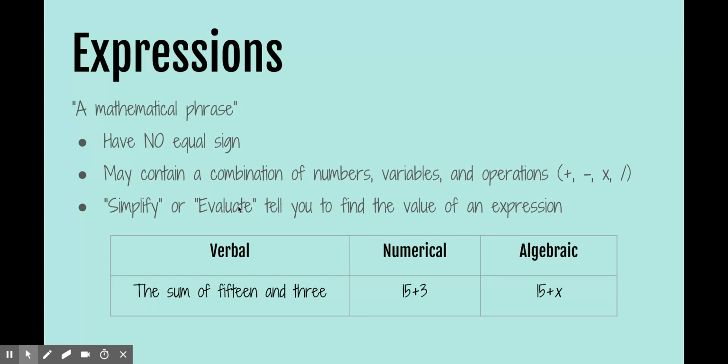So sometimes, your expression simplification looks like x plus 2, and that's all you can do, but you've simplified it as much as you can. So we've talked about that, but that's something very new to you guys. So just know expressions, you just do as much as you can to simplify it down. Sometimes that gives you a number, sometimes it gives you just another expression that's smaller than the first one.